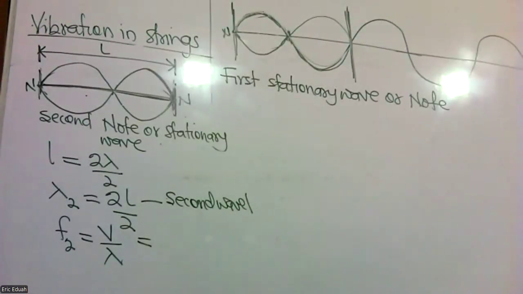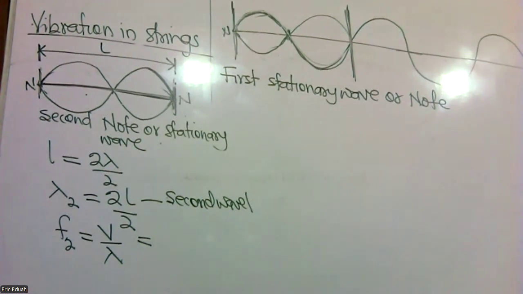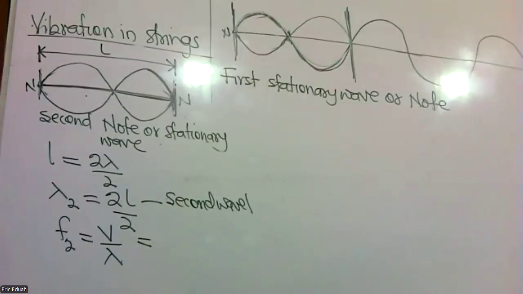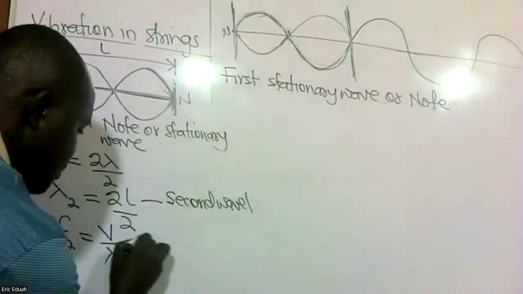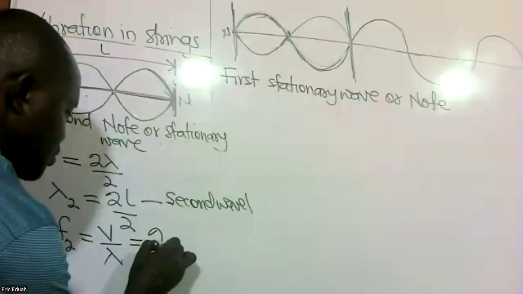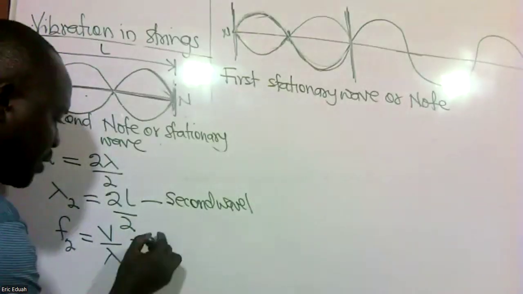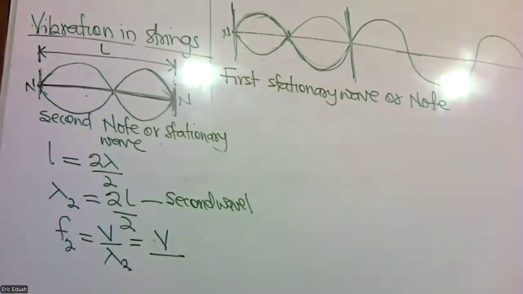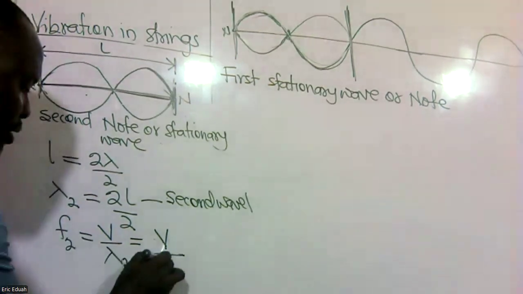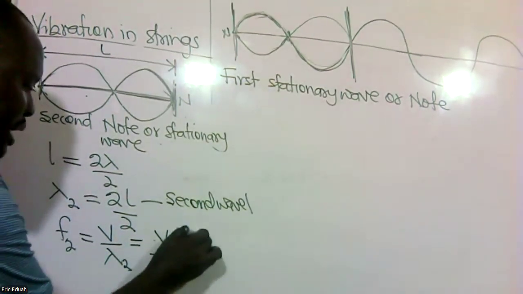Two V over 2L. Come again. 2V over 2L. So when we substitute lambda 2 here, we have V over 2L, then times 2.